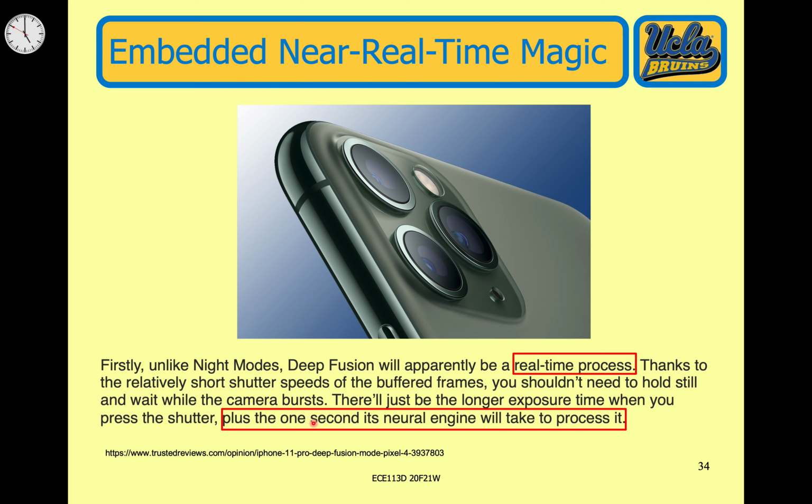And there's about a 1 second time for the processing to happen. Take the picture, and 1 second later, your processing is done, all on the device. So this is the kind of thing that I keep talking about. Embedded systems. This is where so much work will be done, in embedded systems.